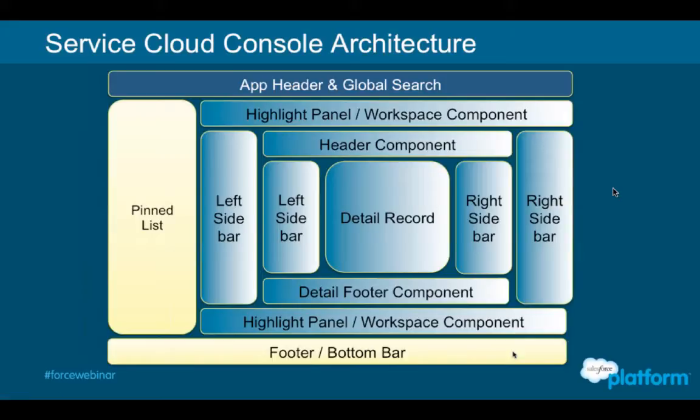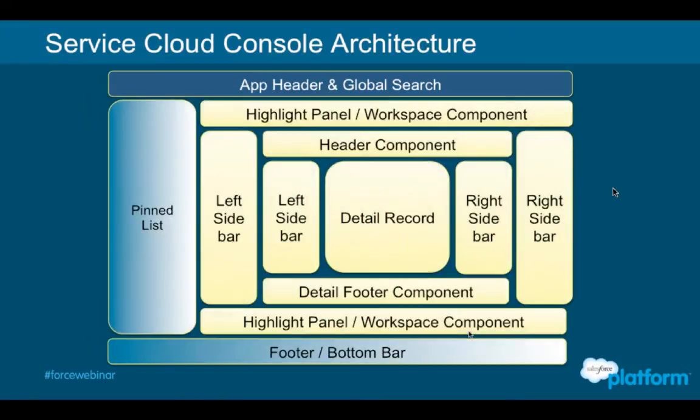The navigation tab is not customizable, but you can configure which list of cases or accounts you want it to show. The application bottom bar can be enhanced with Visualforce pages that are presented with buttons on the click.